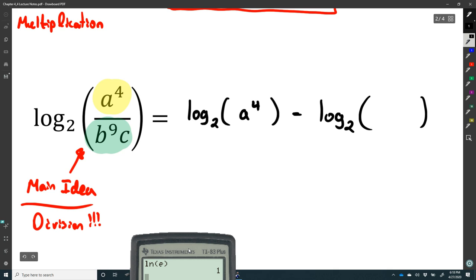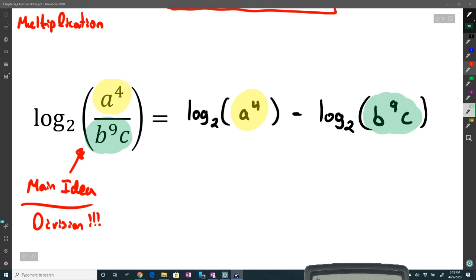The a to the 4 goes here. The b to the 9 times c goes there. Now we work on each one. The main idea for the first one is now exponent.